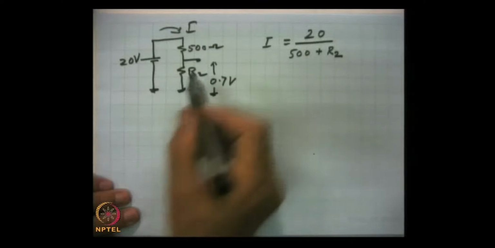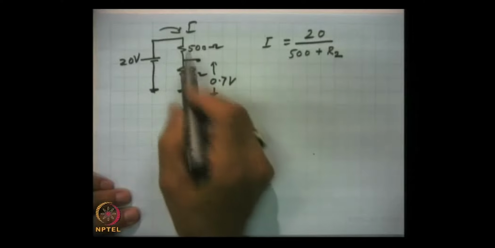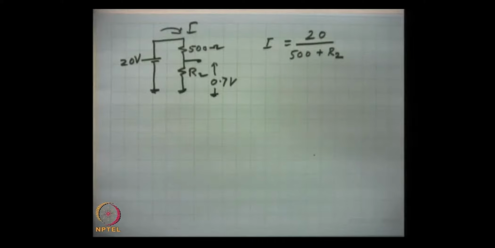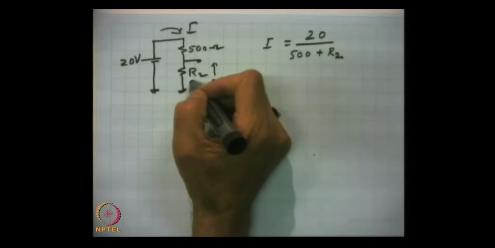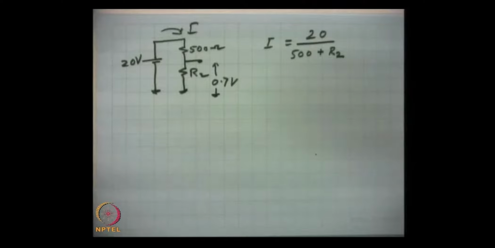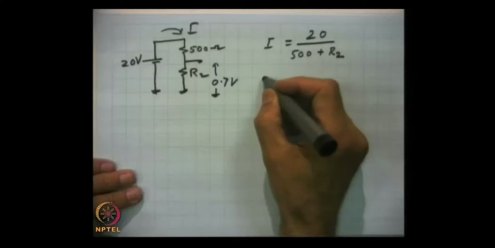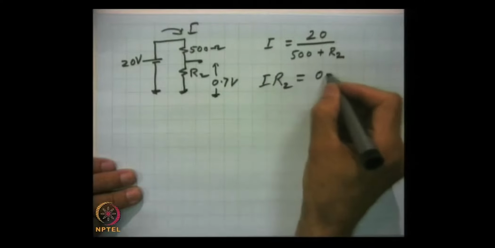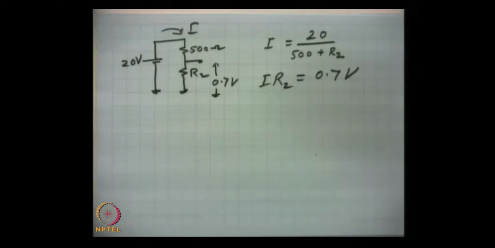Now, this current passes through both these resistances. In a series circuit, the same current flows. The voltages will be different. In parallel resistances, the voltages are the same, but different currents flow, mind it. So, I times R2 has to be equal to 0.7 volt.